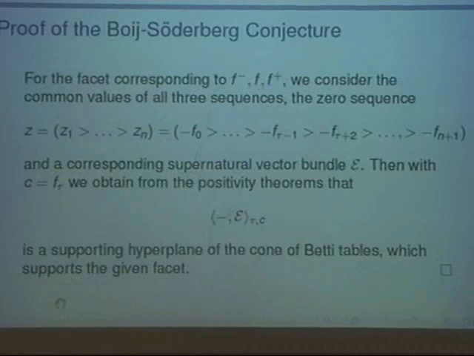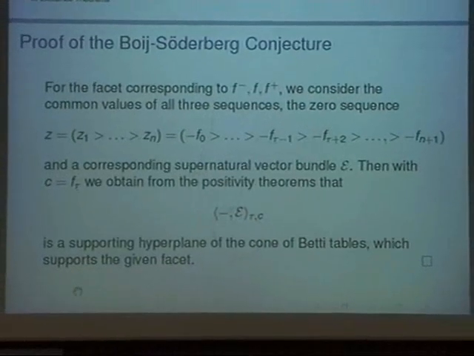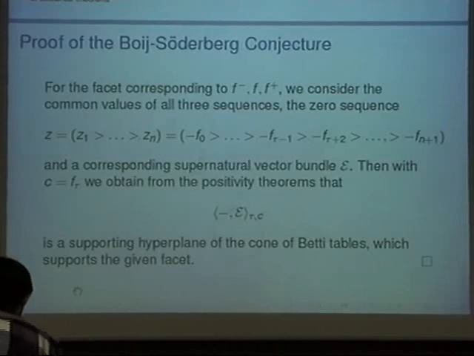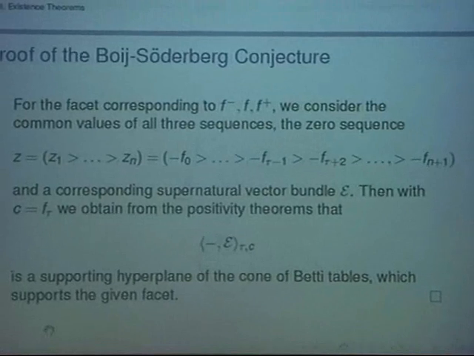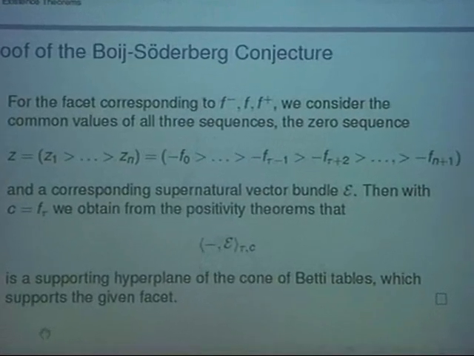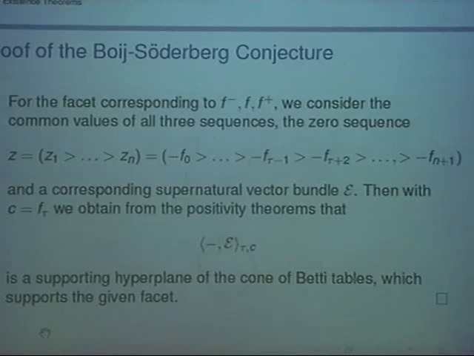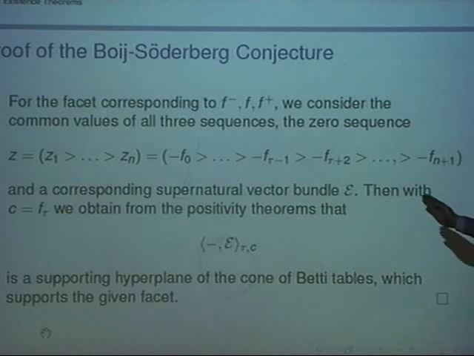So here's now the proof of the Söderberg conjecture, which I guess is not very enlightening, but I give you nevertheless the basic fact. So we have this outer facet corresponding to f minus, f and f plus. So we omitted f in the simplex. And then we look at the twists which occur in all three sequences.